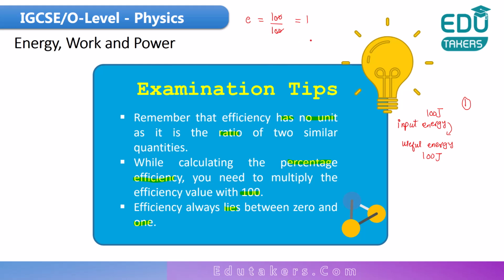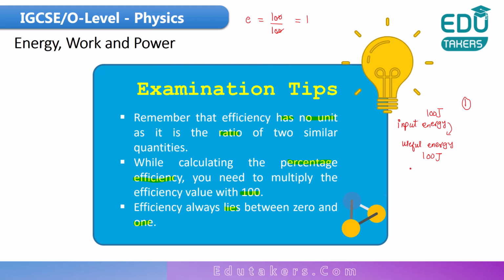In this case, when all of the input energy is converted into the useful output energy, the efficiency of the system is 1. It is because the total input is converted into the useful output energy. No energy is wasted into the environment to decrease the efficiency of the system.